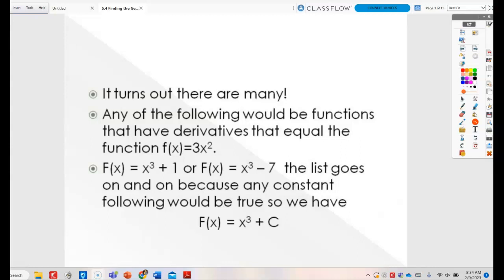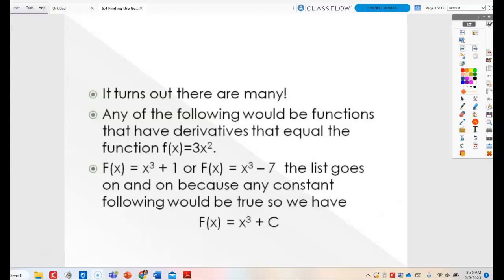So, like I said, it turns out that there are an infinite number of answer choices that could technically be the antiderivative of 3x squared, because any of the following functions with an added or subtracted constant would make it true. The list will go on and on. So what we do to account for all of those infinite choices is say that capital F of x is equal to x cubed plus some arbitrary constant c.